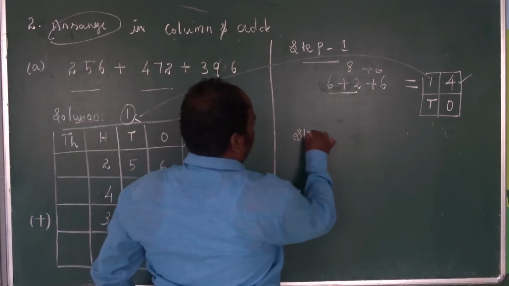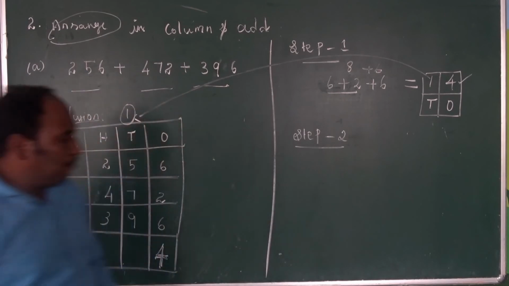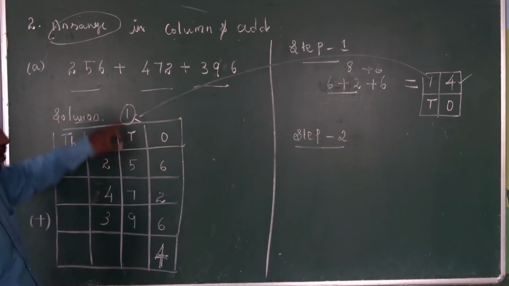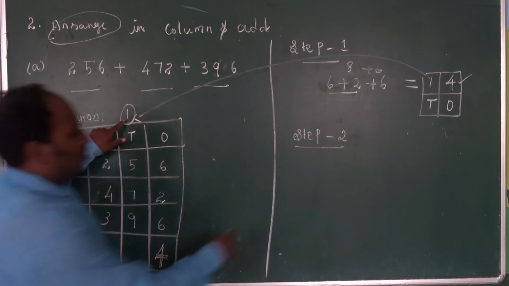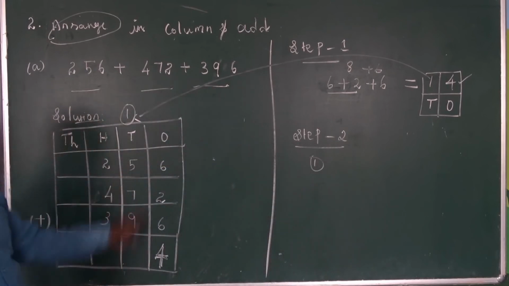Step 2. We add the tens place. Carry over the number 1, plus the tens place 5, 7, 9.